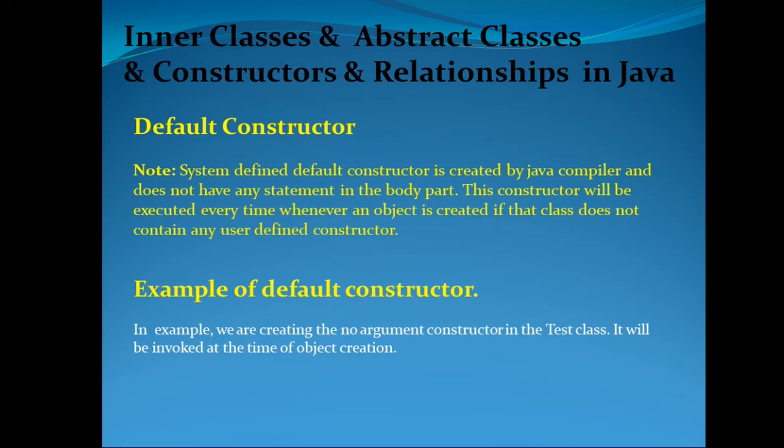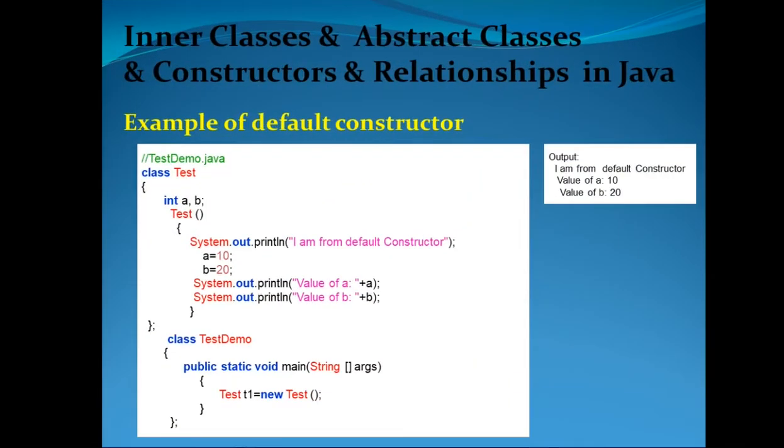So let's see the example. Here is the example. We have class Test. We have two variables, int a, b. Then the Test constructor. Here we have System.out.println: I am from the default constructor. a's value is 10, b's value is 20.